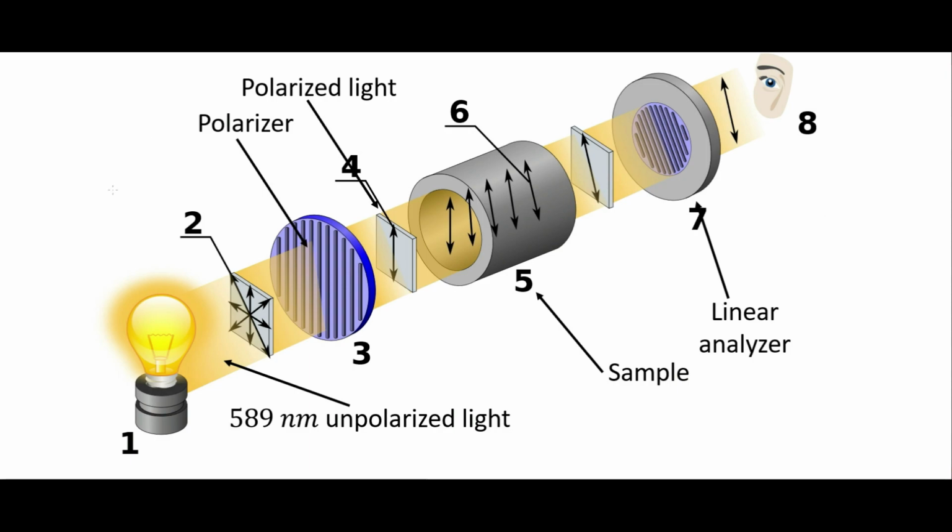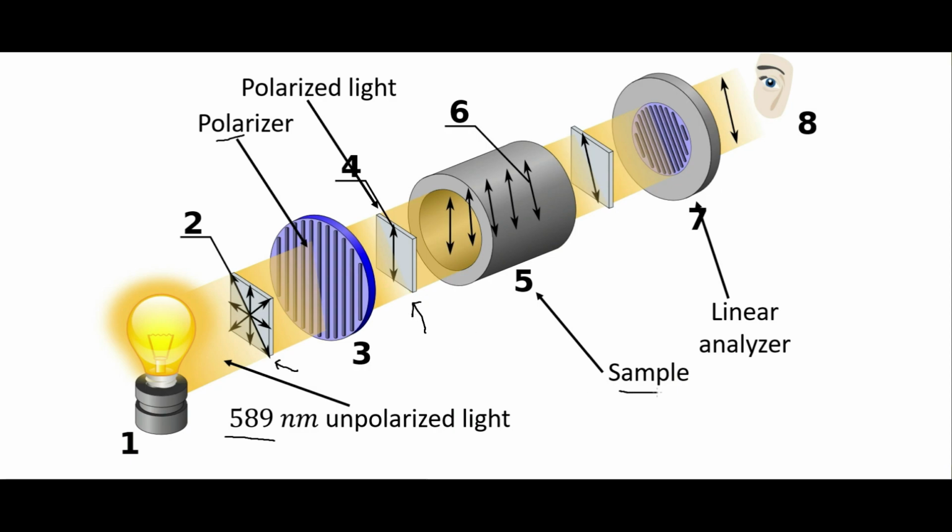You have a light source here, and a lot of times they use the D line of sodium, which is a specific wavelength. So a 589 nanometer wavelength of unpolarized light comes out. You put it through this polarizer here, and that will polarize it. So we go from this unpolarized light to the polarized light right here. So it's polarized straight up and down.